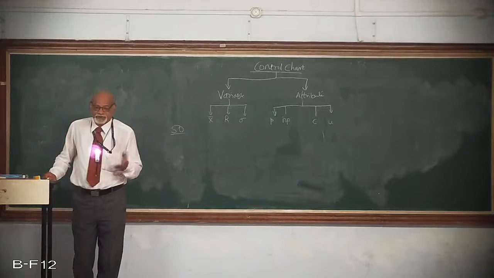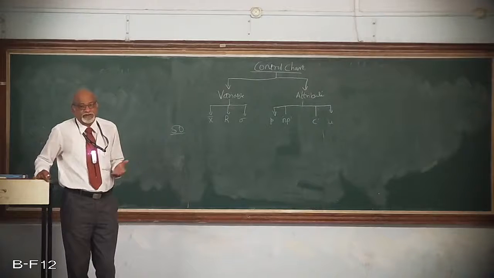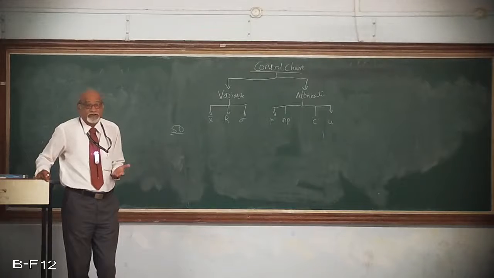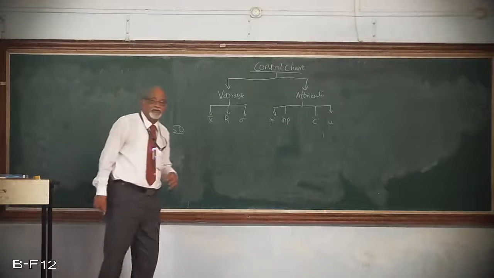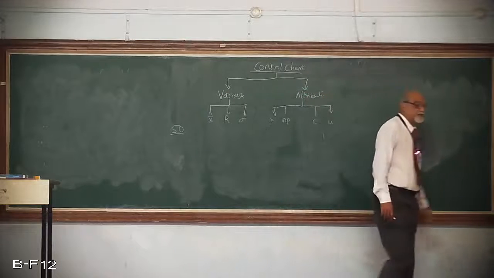Don't misunderstand, because that might be the problem in the service sector. If the people are absent, then how are we going to carry out the things? Where are the other quality characteristics? Measurable, because absenteeism, how are we going to control that? If the people turn out for the work, then only the things can be done properly.